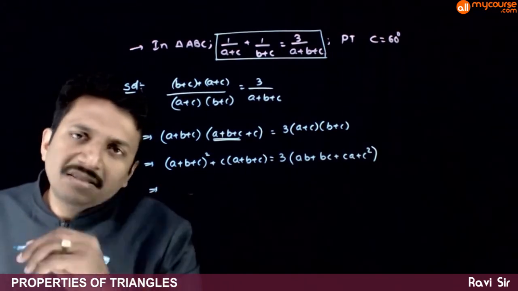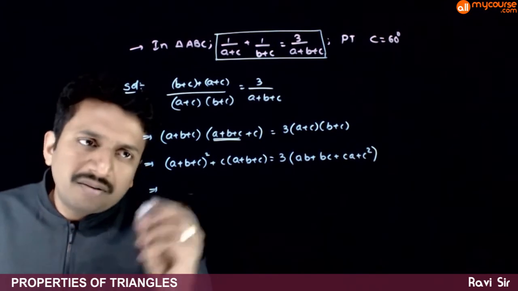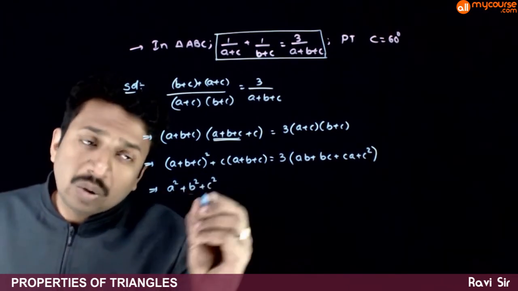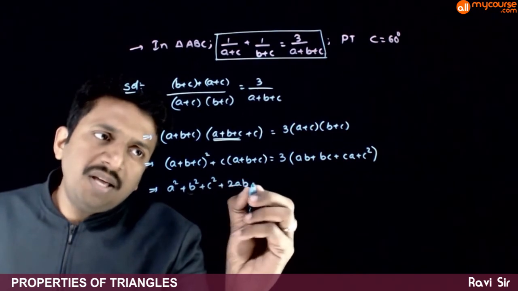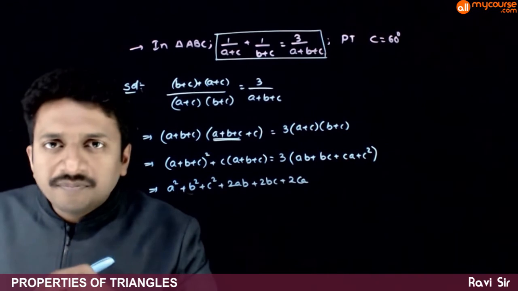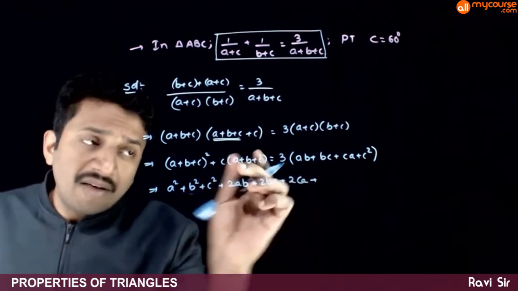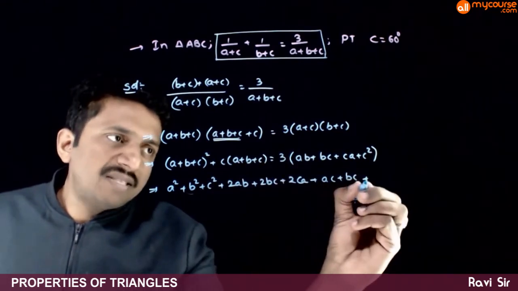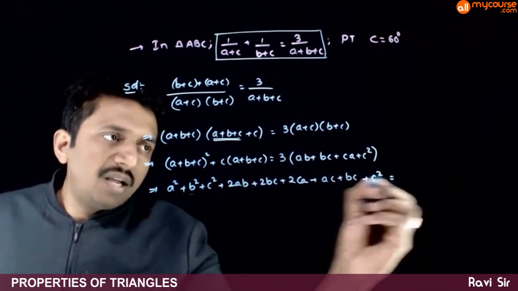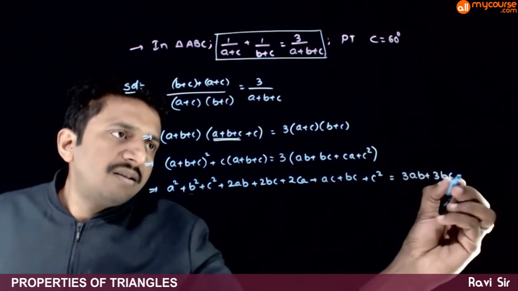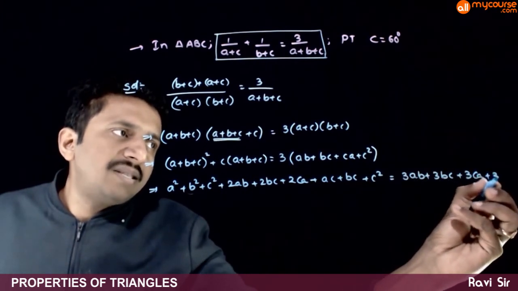So what is A plus B plus C whole square? You have A square plus B square plus C square plus 2AB plus 2BC plus 2CA, plus you have an AC again, you have a BC again, you have a C square again, is equal to 3AB plus 3BC plus 3CA plus 3C square.